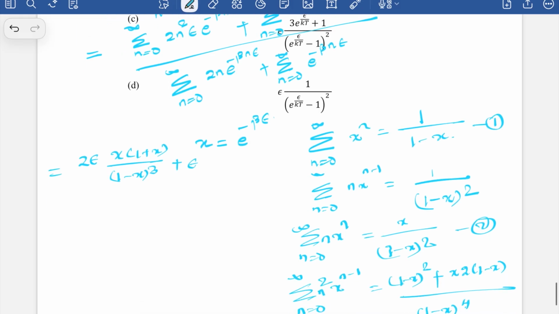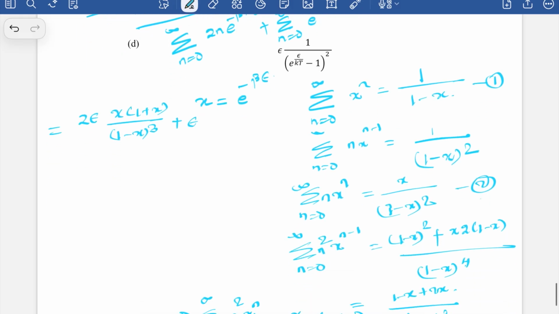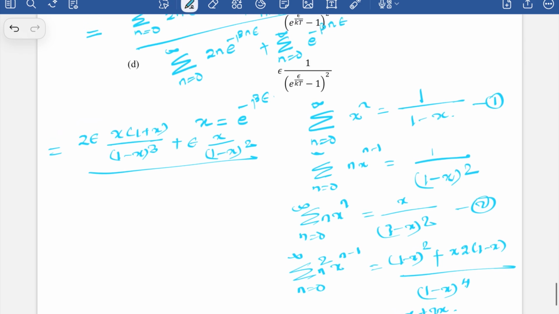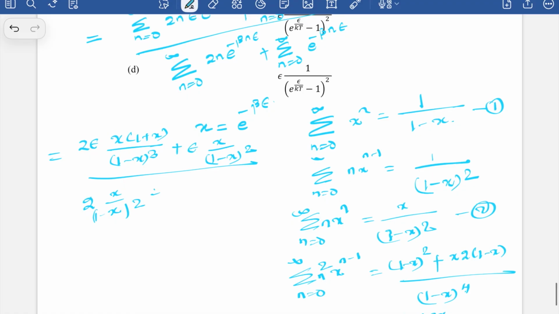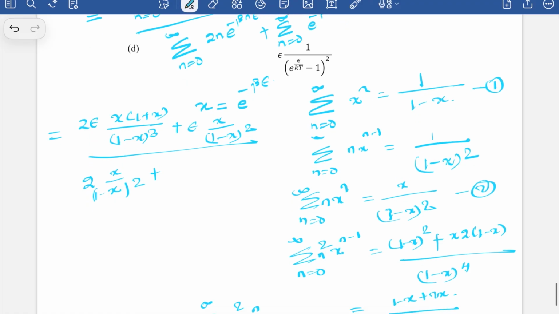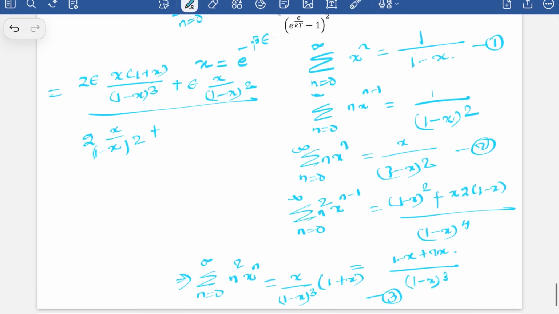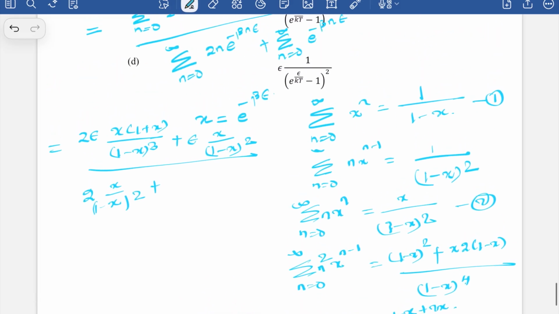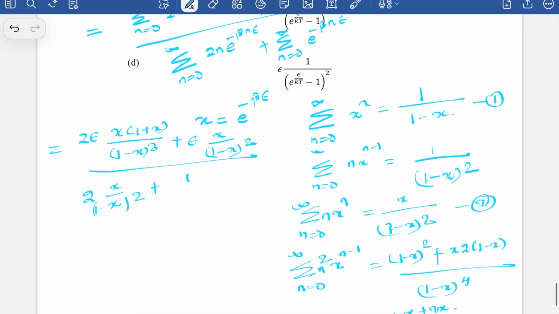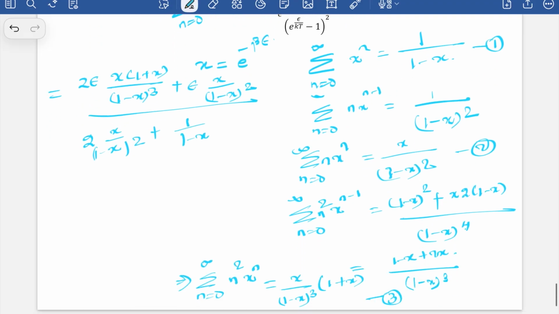We can write, use equation 2, x by (1 minus x) whole square divided by 2 times x by x (1 minus x) whole square plus 1 by 1 minus x.